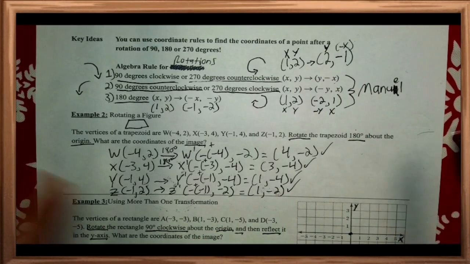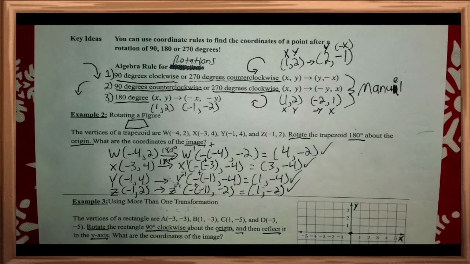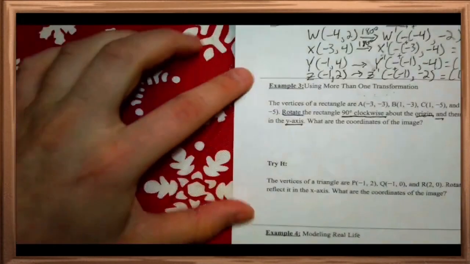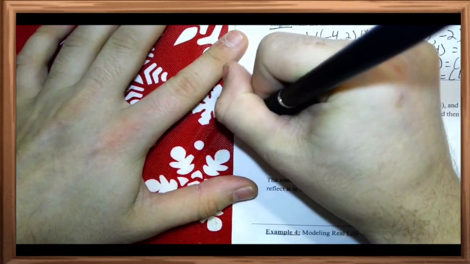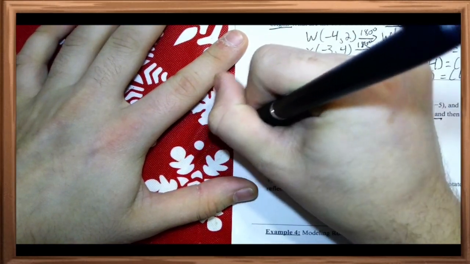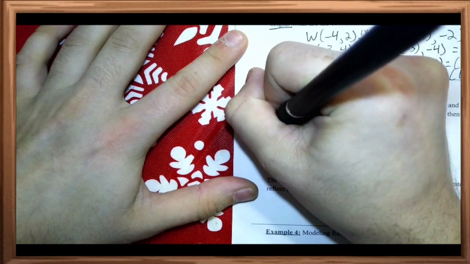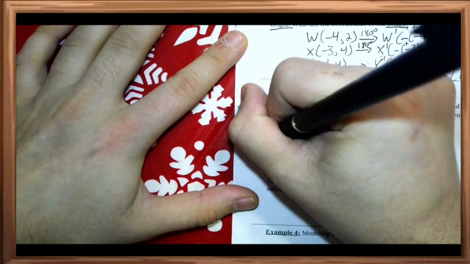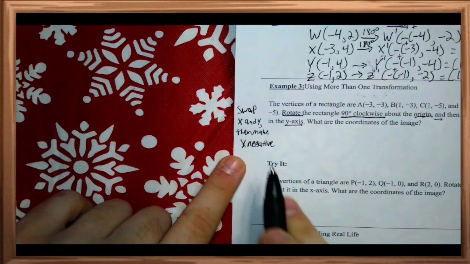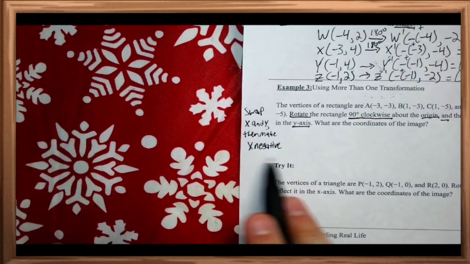So I'm going to write this kind of off to the side. Swap x and y, then make x negative. That's the rule. Swap x and y, then make x negative.